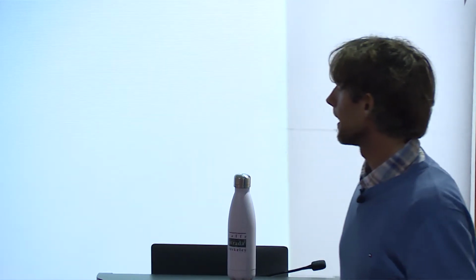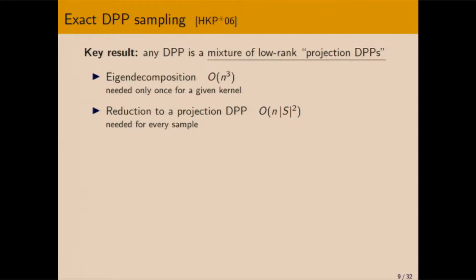So I will not get into that. But essentially, here is where the eigendecomposition comes in. If you are given an eigendecomposition of the kernel matrix, then every time you sample, you are able to reduce the problem to a low-rank instance of the problem, which is easier to solve. On a high level, that's what's going on. I refer to the papers.